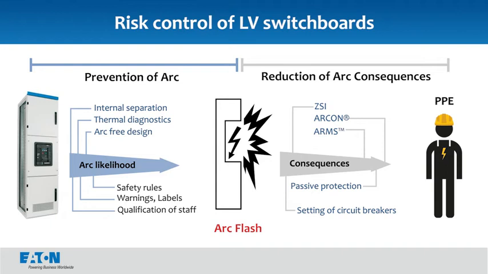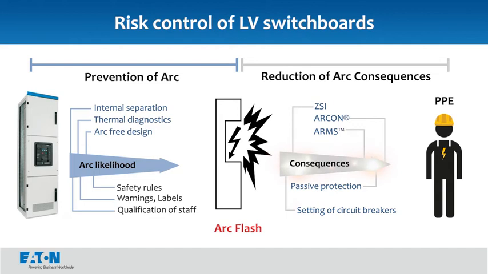This left part of the chart shows techniques available for prevention of arc. The right part of the picture shows which protective measures can be used for reduction of arc consequences. Dangerous energy can be reduced by use of optimal setting of circuit breakers, passive protection, ZSI, ARMS or EATON.